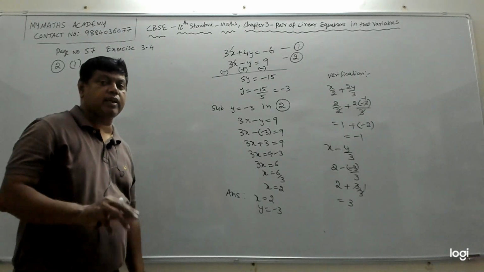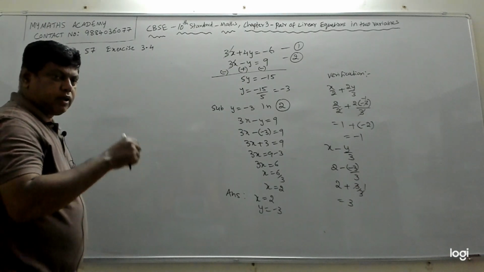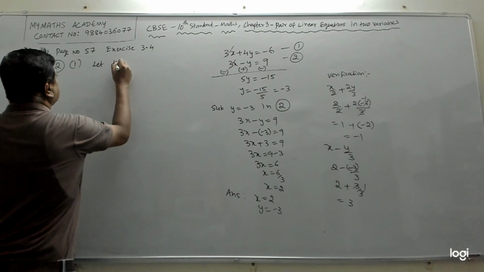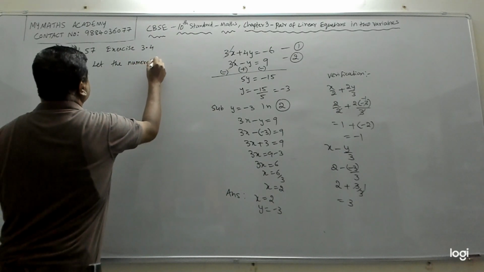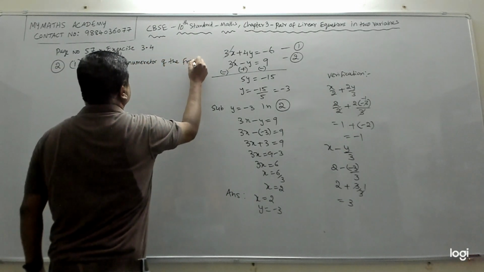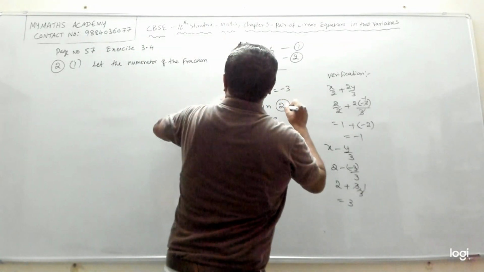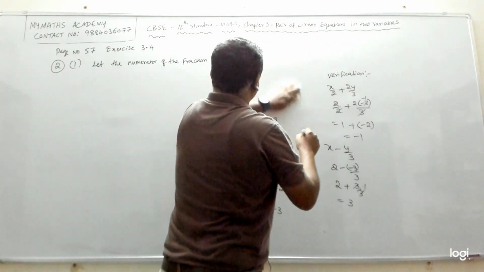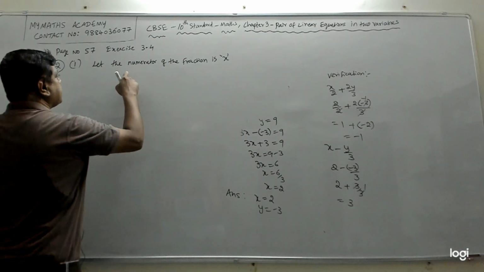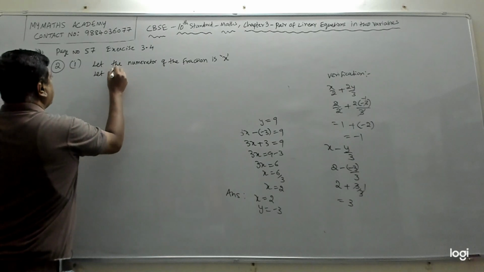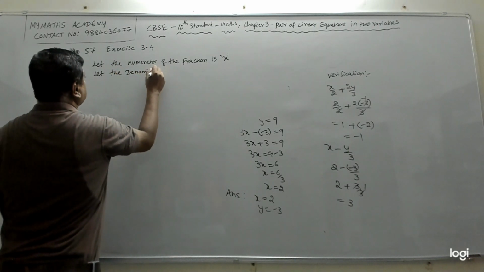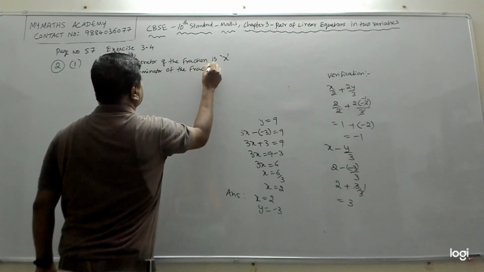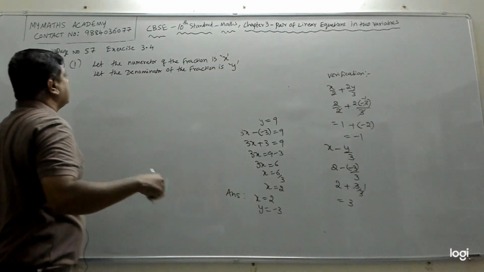Whenever the fraction problem comes, we should assume, because a fraction has a numerator and denominator, let the numerator of the fraction be x and let the denominator of the fraction be y.